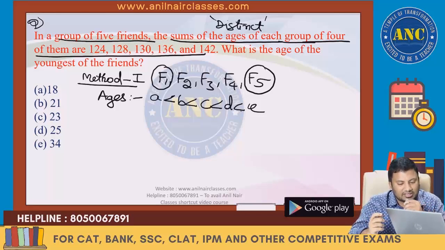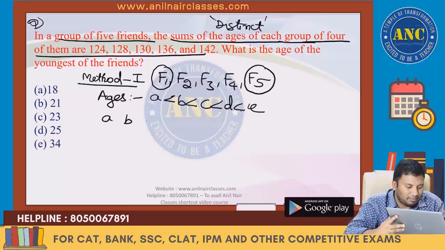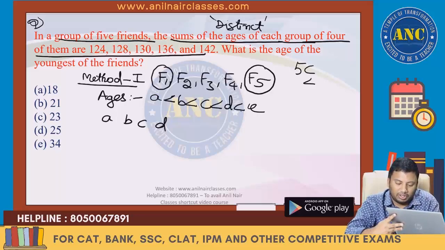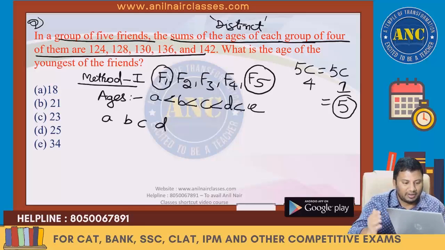Sum of the ages of each group of 4 of them. Out of 5, I have to select 4. NCR is n factorial by r factorial into n minus r factorial, so this is 5. I will get 5 sums. What are the 5 sums?